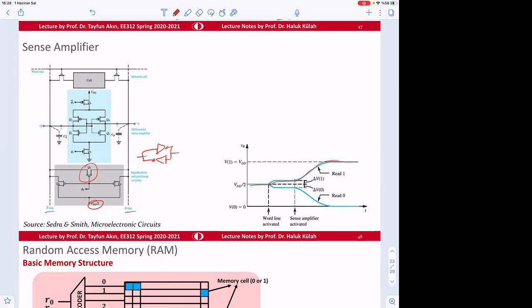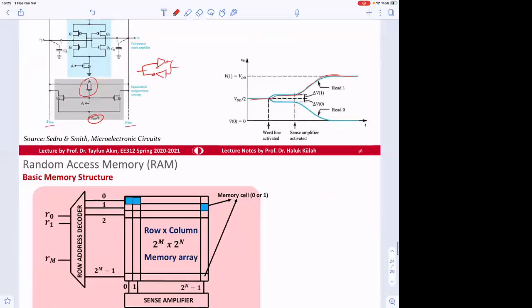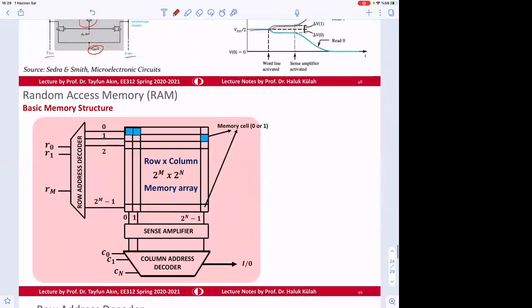Okay, so this is the general concept here, and the columns each have sense amplifiers here.